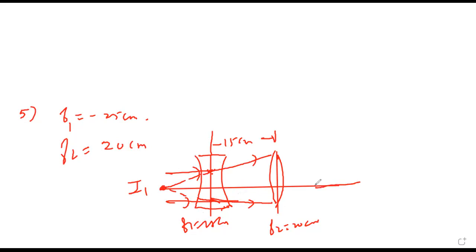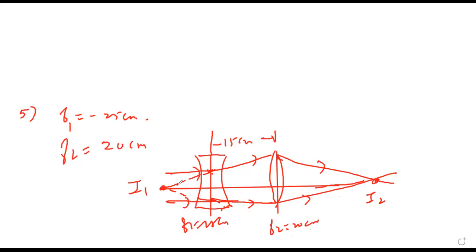Then these rays will converge and meet at a certain point. This distance we want. How much is object distance? This diagram I think you follow. Yes, sir. Final image, we have to find where it will be formed.